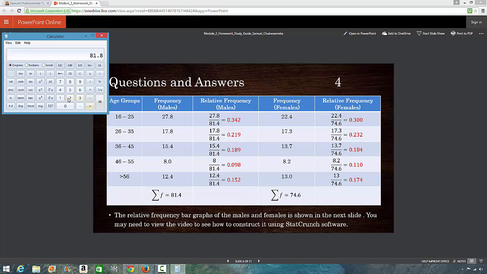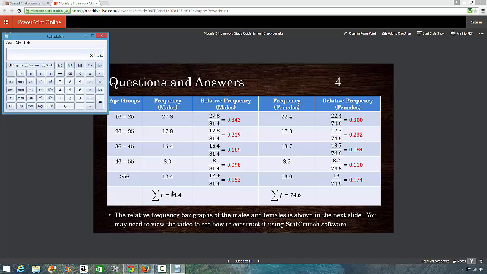Come on, Mr. C. I probably did something wrong. 27.8 plus 17.8 plus 15.4 plus 8.0 plus 12.4. So 81.4, you see that, okay? Don't mind me, I probably did something wrong. This is the total frequency for the males.